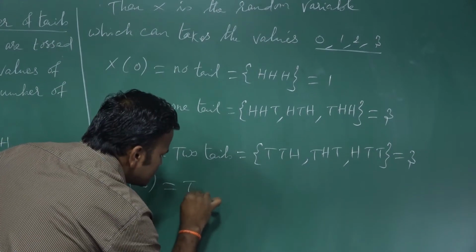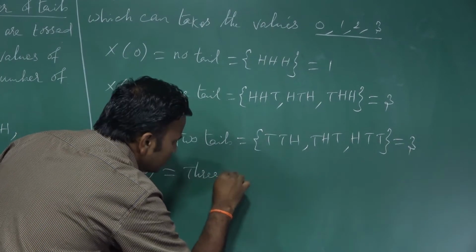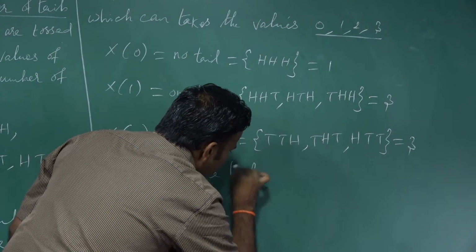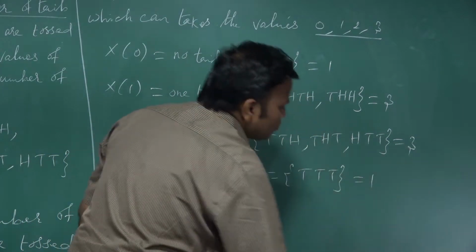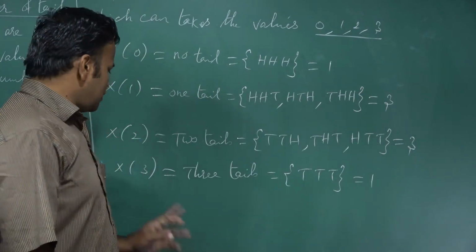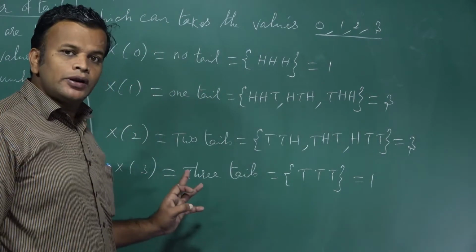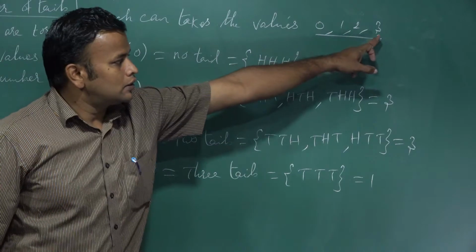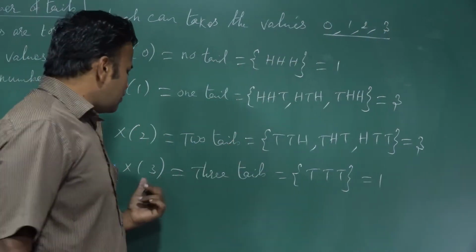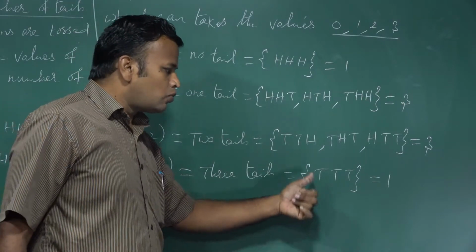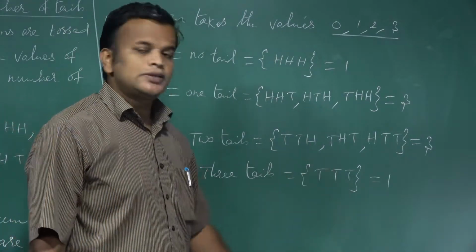Next, x of 3 is the last one. X of 3 means all are tails. I write just TTT, value is 1. Do you understand? X of 3 means the random variable contains the value 3. 3 means all the 3 coins have the face tail. All 3 coins having the face tail is only one event, TTT.